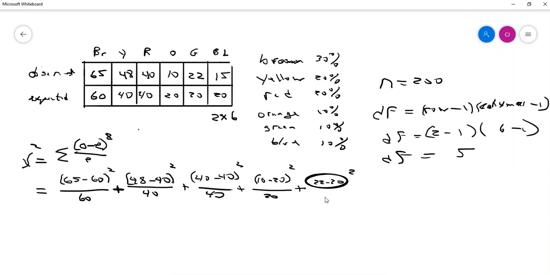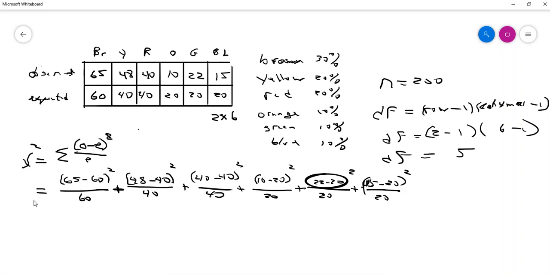That's not going to contribute much to the total. Plus 15 minus 20, squared, over 20, where the 15 comes from right here.